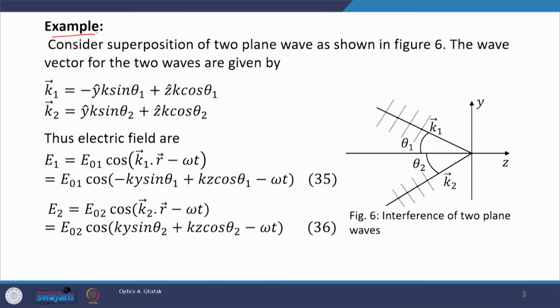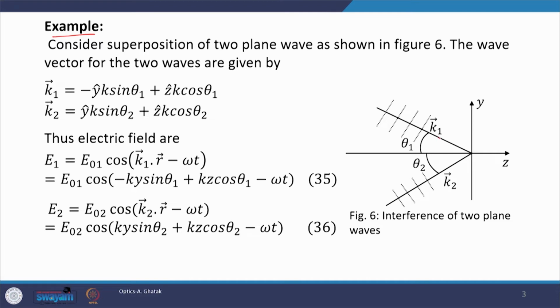The first example is given here. In this problem, we are given two plane waves which are superimposing in a space, and these plane waves are inclined with some angle, and this angle is shown here in this figure.